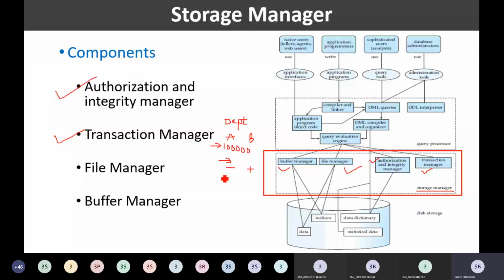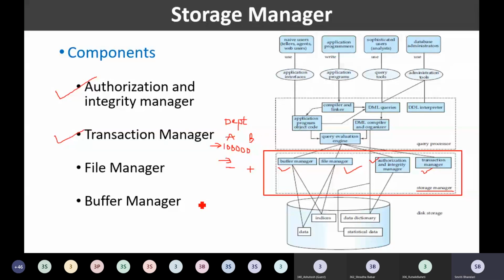But before it gets added to B's account, there is a failure of the system. I hope you are understanding the concept. I am having one transaction. That transaction wants to transfer some amount from A's account to B's account.